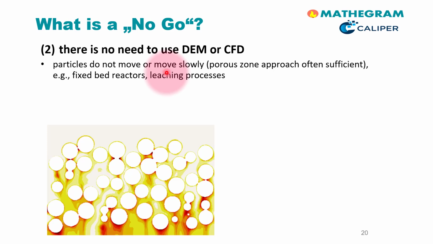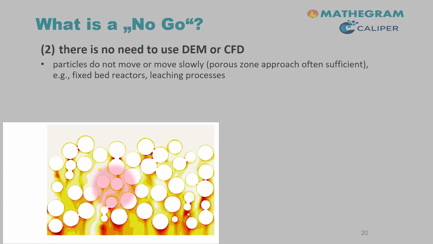An example is shown here at the bottom that illustrates the concentration distribution in a catalytic fixed bed reactor. The flow here is from the top to the bottom, and in which individual particles are resolved with a classical CFD mesh.